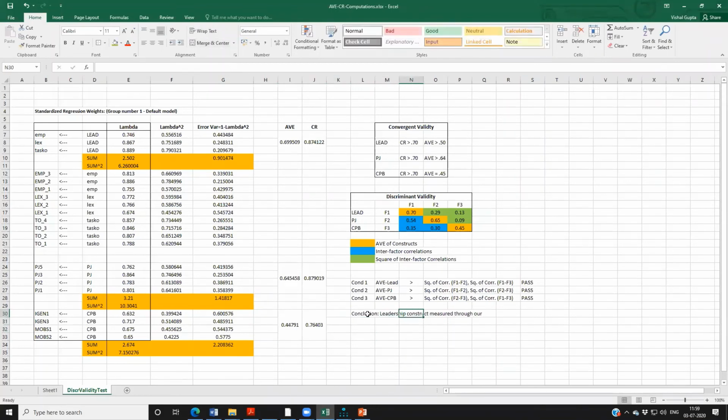I am highlighting this word, our, the scale that we have developed, our scale is discriminant from other constructs which are theoretically determined, or theoretically suggested, right?